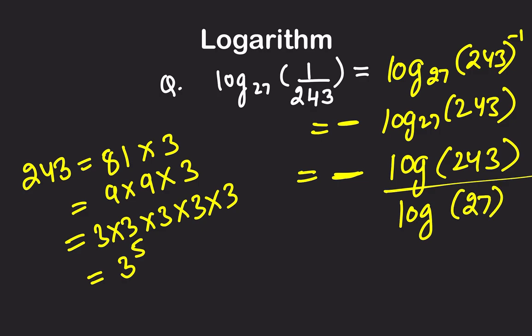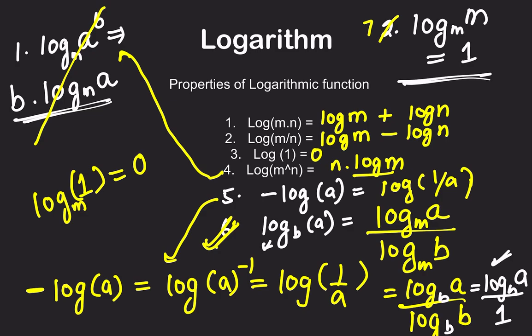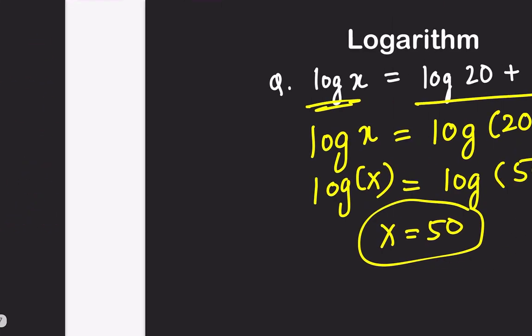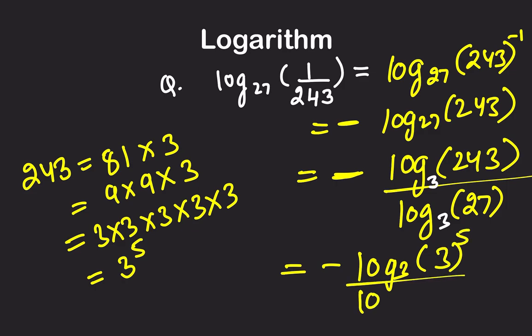Is this not the last property? If I go back, this property I am talking about, property number 6. So log of a base b is equal to log of a divided by log of b with similar base. So the base I am choosing is 3. Why? We'll see. This step is clear? Now minus of log 243 base 3, where 243 is 3 raised to power 5, and log of 27 base 3, where 27 is 3 raised to power 3. 9 threes are 27.